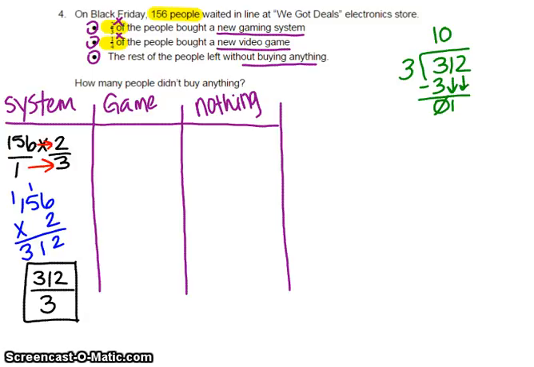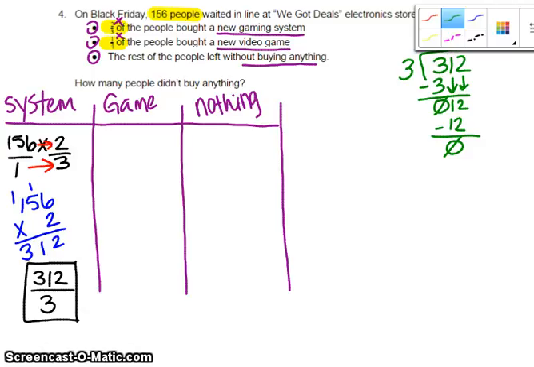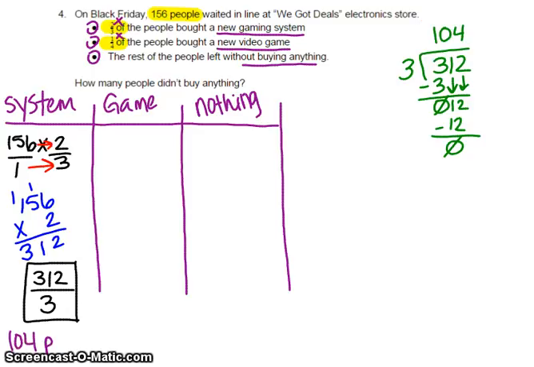So then I need to bring down this 2. Well, 3 goes into 12 4 times. So what this tells me is that 104 people are buying a new video game system. So let's go ahead and write that right here. So I know that 104 people are going to be buying a new gaming system.